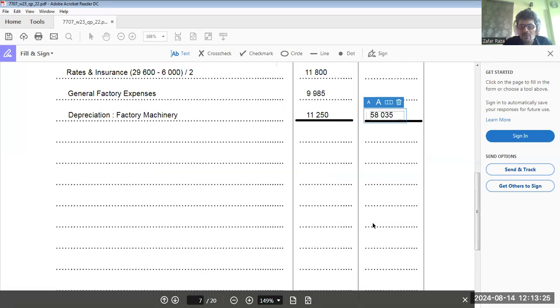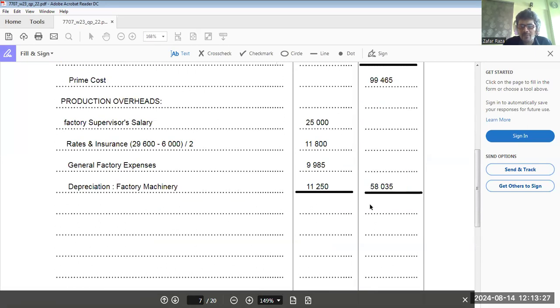If we add prime cost and production overhead, we get total manufacturing cost: 157,500 is TMC, or total manufacturing cost.